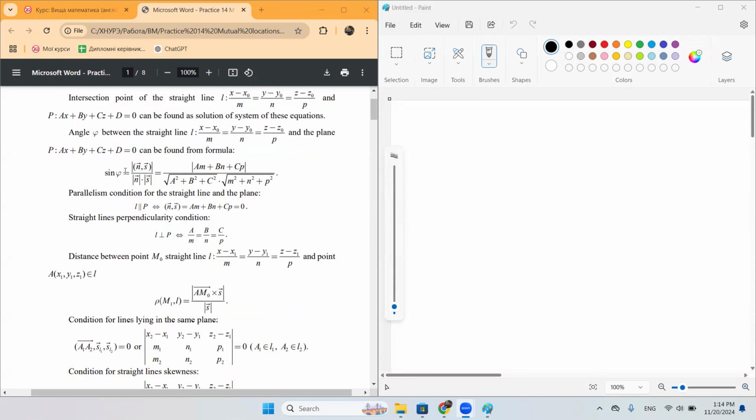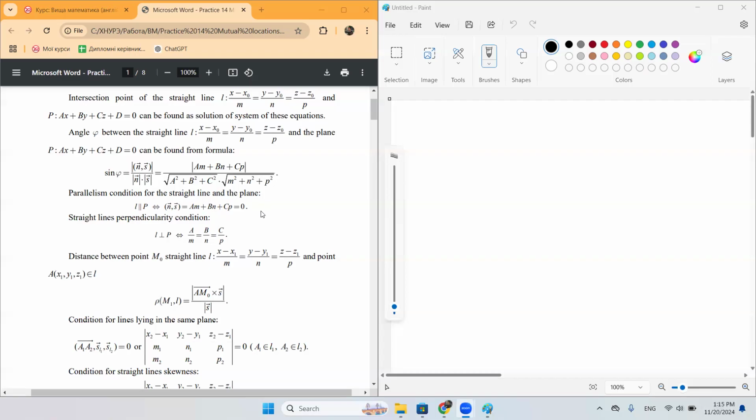So we can find the sine of phi. So we divide the magnitude of the scalar product of normal and direction vector by the product of normal and direction vector magnitudes.